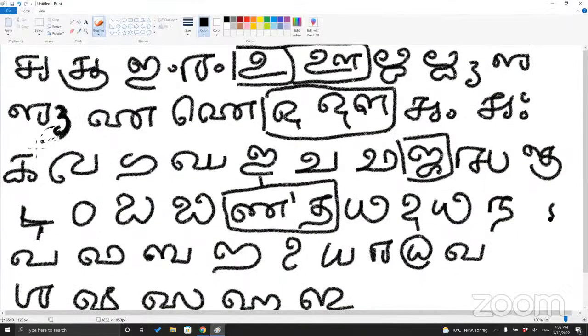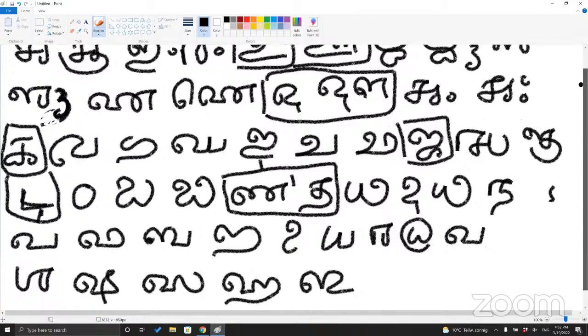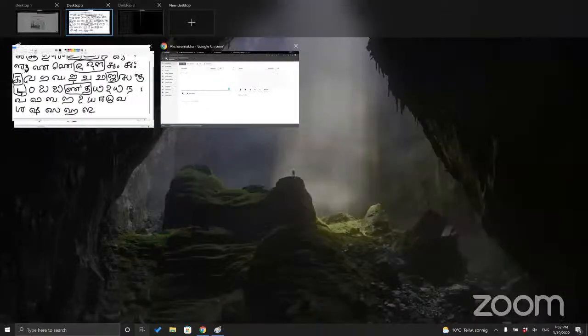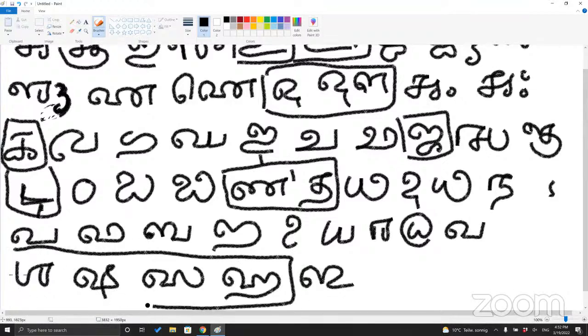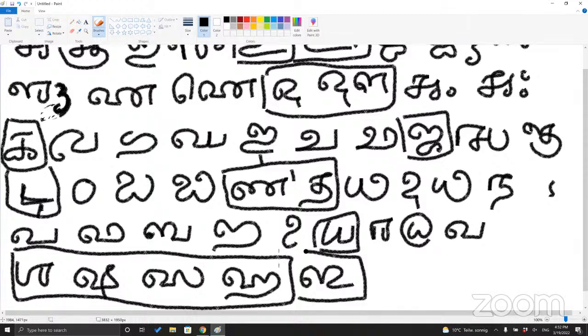Okay. This is same as Tamil. Similar to Tamil. This is similar to Tamil. The whole thing is what's same as Tamil. This is same as Tamil. This is similar to Tamil. This is similar to Tamil. This is the same as Tamil. This is similar to Tamil.